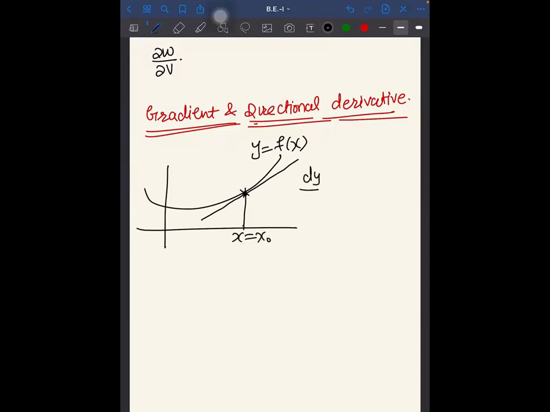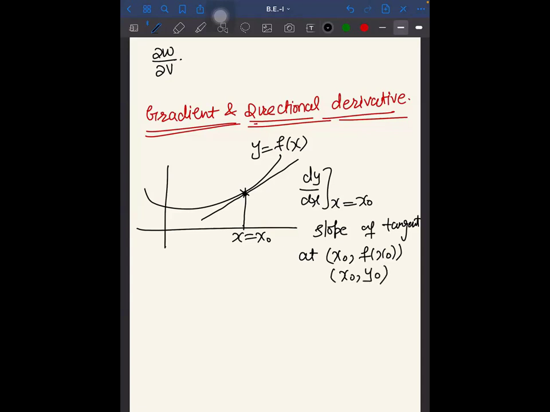So dy by dx at x is equal to x naught is nothing but the slope of the tangent at x naught and f of x naught. Is it fine? Or we may sometimes write it as x naught and y naught, right? Are you with me on this?